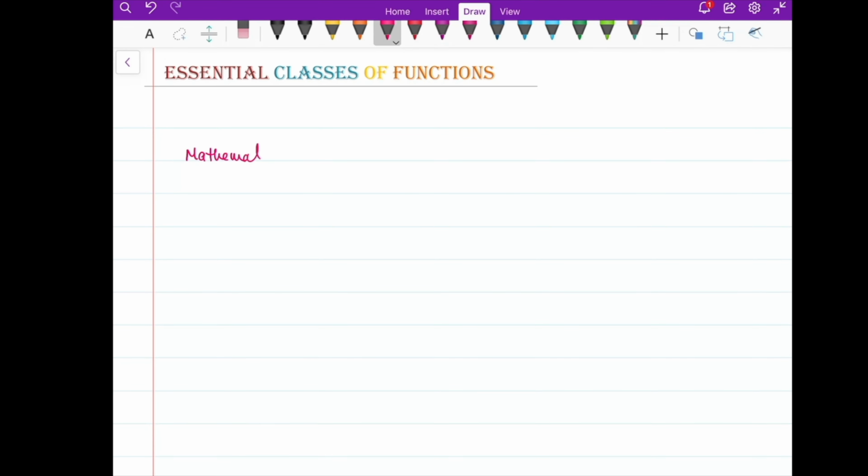A mathematical model. What is that? It's a mathematical description of a real world phenomena.